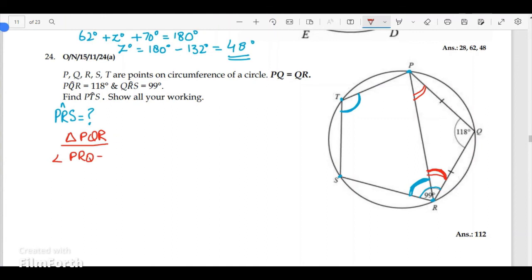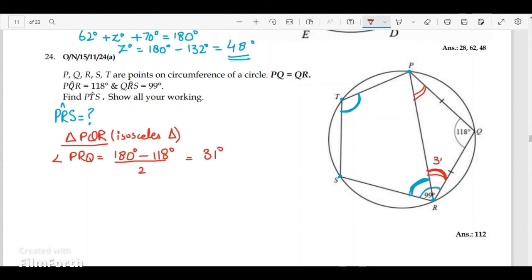PRQ would be equal to 180 degrees minus 118 degrees, and the answer would be divided by 2. Why? Because PQR is an isosceles triangle, and they have already told us. So 180 minus 118 is 62, and the answer when divided by 2 would be 31 degrees.